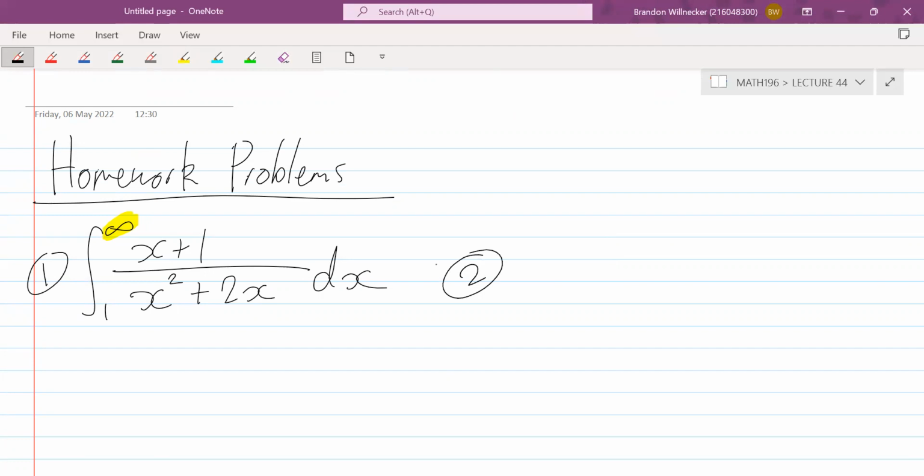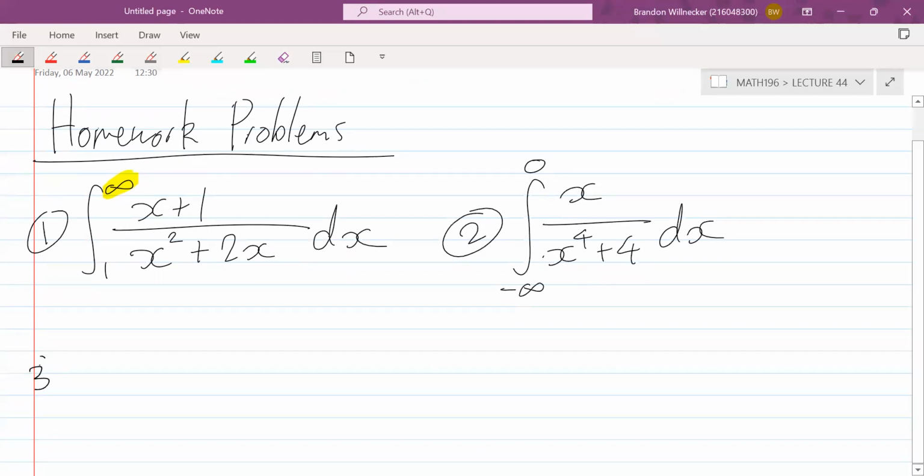Okay, number 2. Let's have the integral from minus infinity to 0 of x over x to the 4 plus 4 dx. Okay.